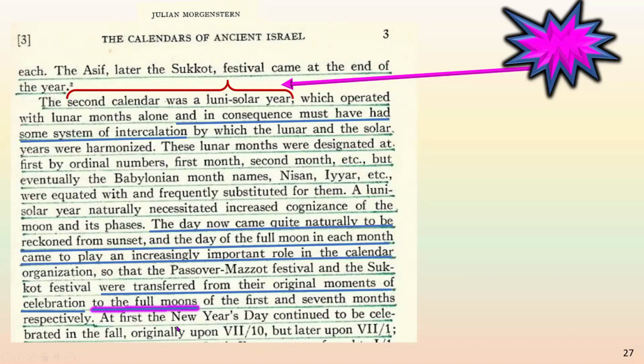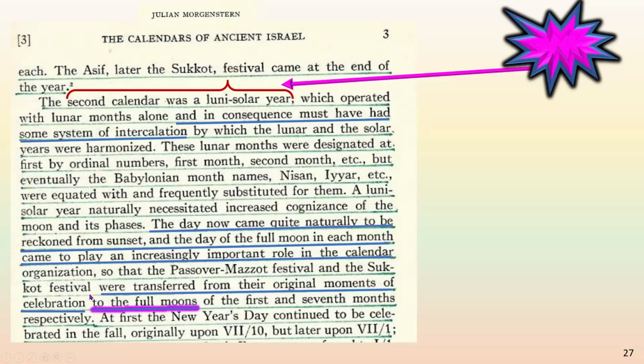Let's drop down to this blue line. The day now came quite naturally to be reckoned from sunset, and the day of the full moon in each month came to play an increasingly important role in the calendar organization, so that the Passover, Matzot festival, and the Sukkot festival were transformed from their original moments of celebration to what?